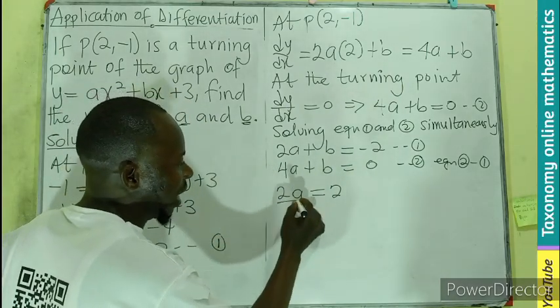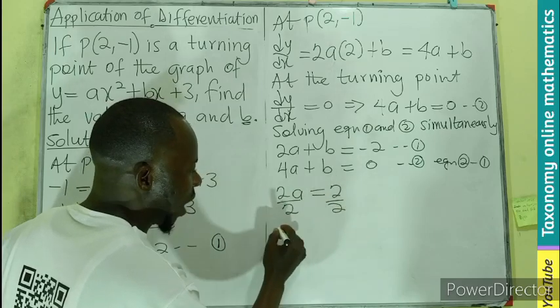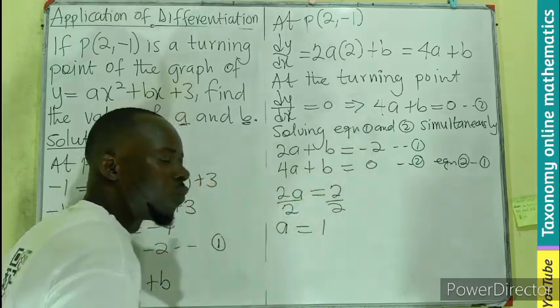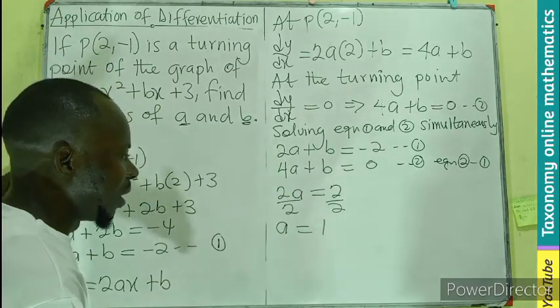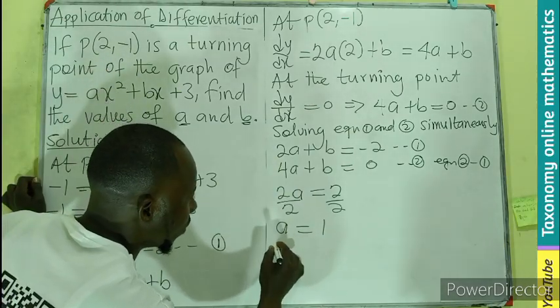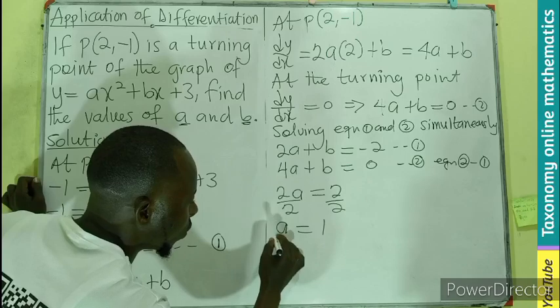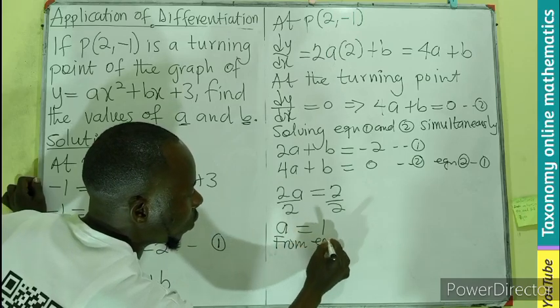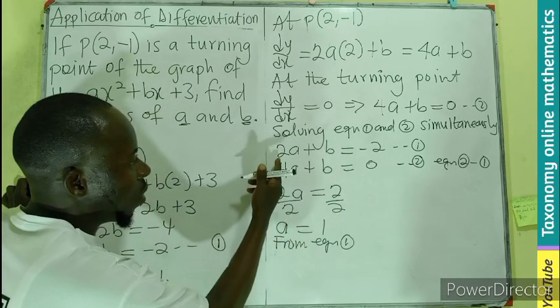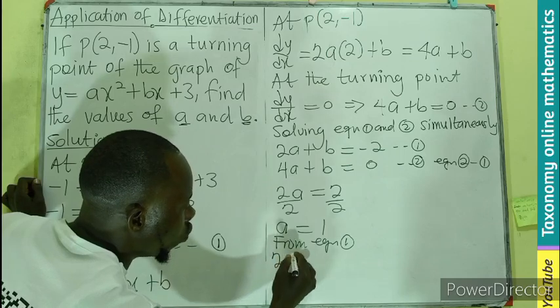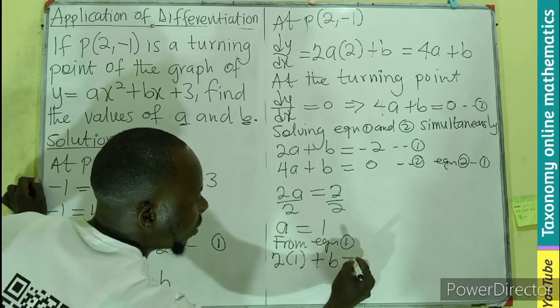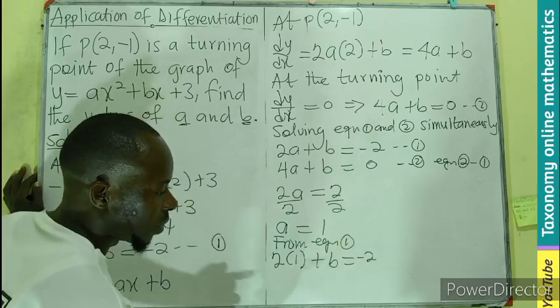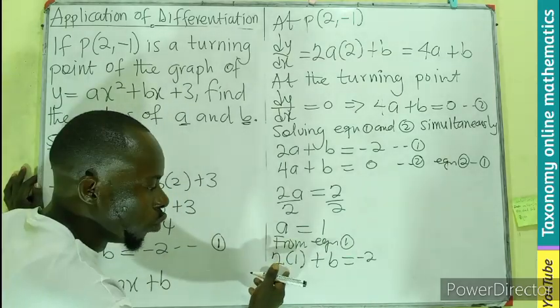I can divide both sides by 2 to have a equals 1. So if a is 1, we can find b. From equation 1, your 2a, which is 2, plus b equals -2.